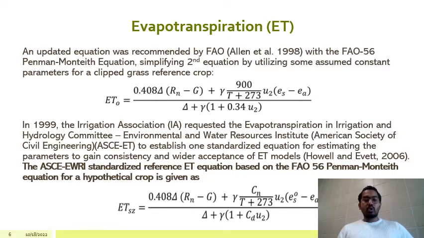ASCE-EWRI, to establish one standardized equation for estimating the parameters to gain consistency and wider acceptance of ET models, which is known as the ASCE-EWRI 2005 model. The ASCE-EWRI standardized the reference ET equation based on the FAO56 Penman-Monteith equation for a hypothetical crop, which is given as this equation.